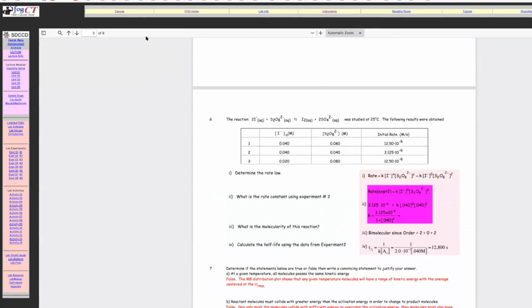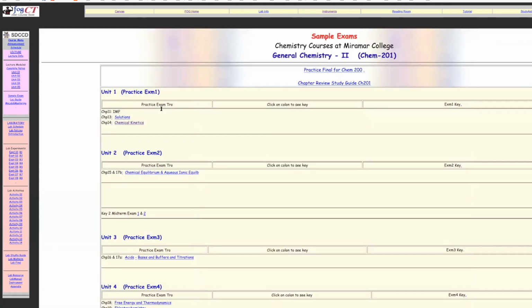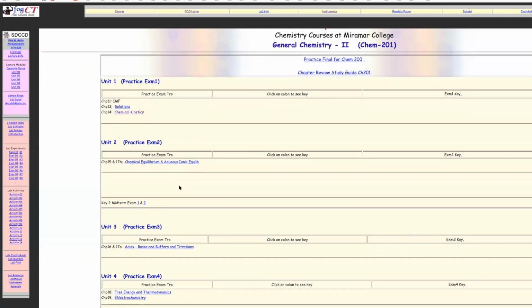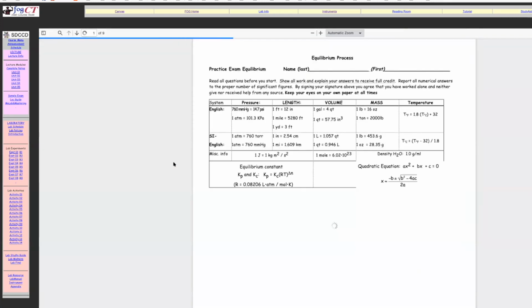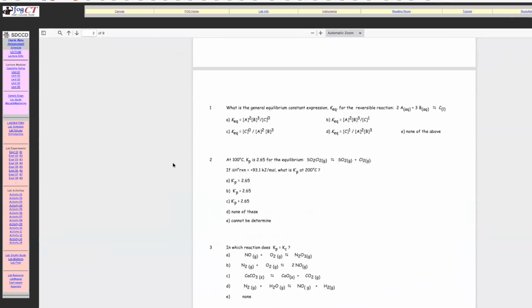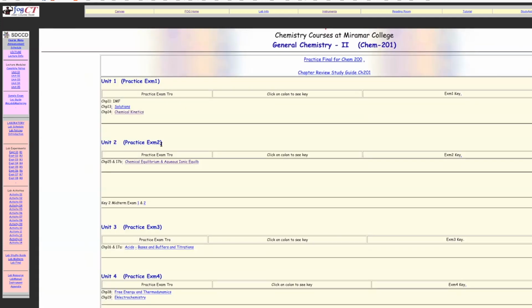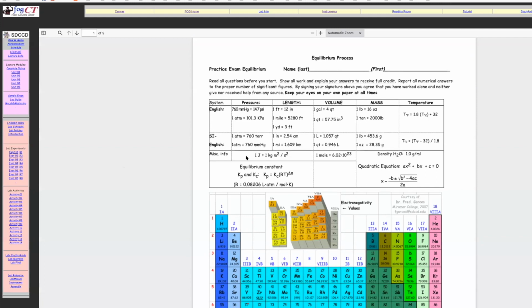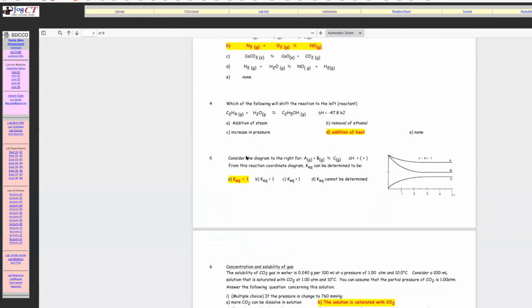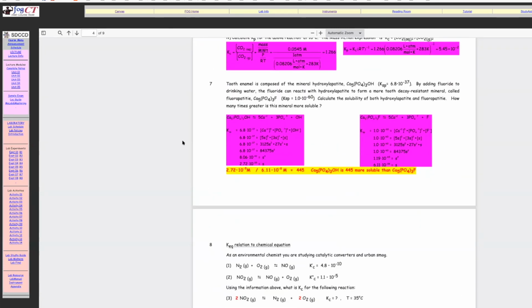Okay, so try and do the practice quiz without looking at the answer. But if you want to see the answer, then go back to that page and click on the colon, and you will see the answers and the worked out solution.